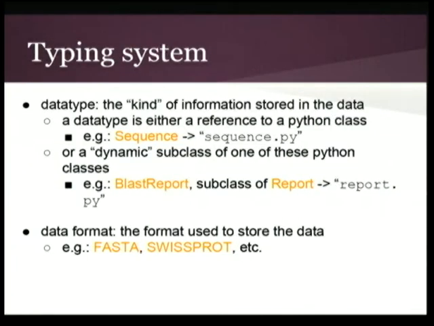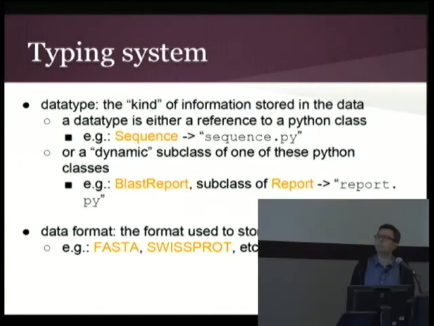The typing system that we are relying on for Mobyle is based on two main pieces of information: the data type, which is the kind of information stored in the data.